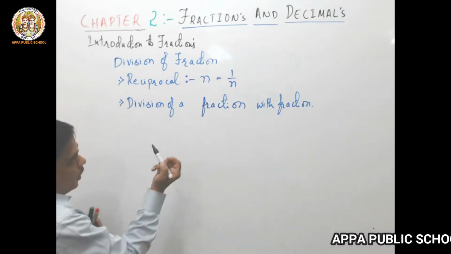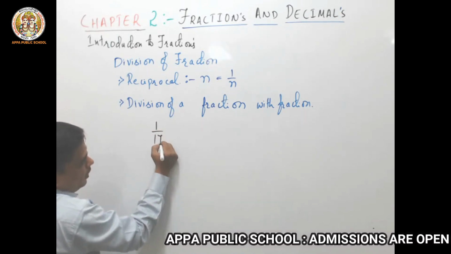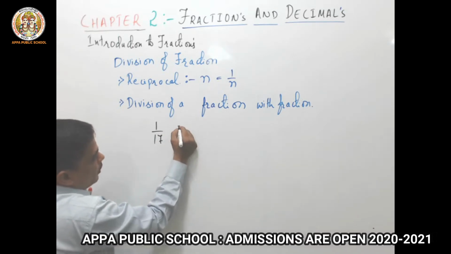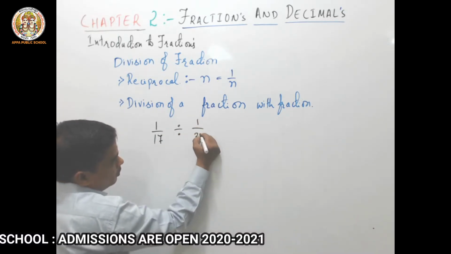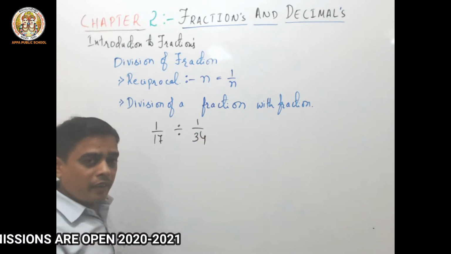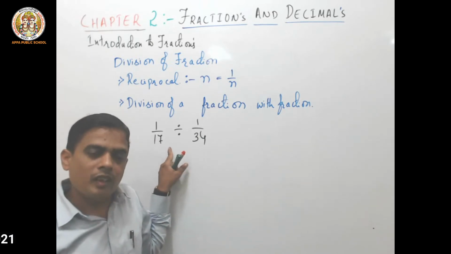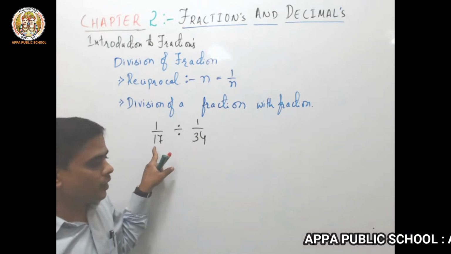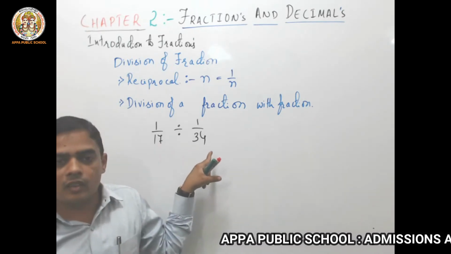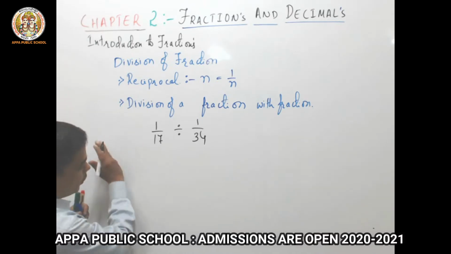Here I will write one fraction as 1 by 17 divided by another fraction. Shall I take it as 1 by 34? These two are fractions only. In the previous case, we took the first one as a whole number and the second one as a fraction, and vice versa also, whichever it may be.